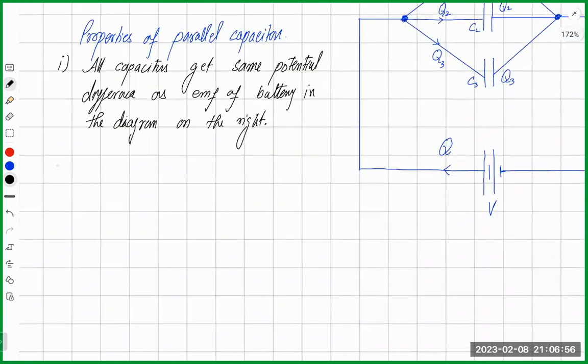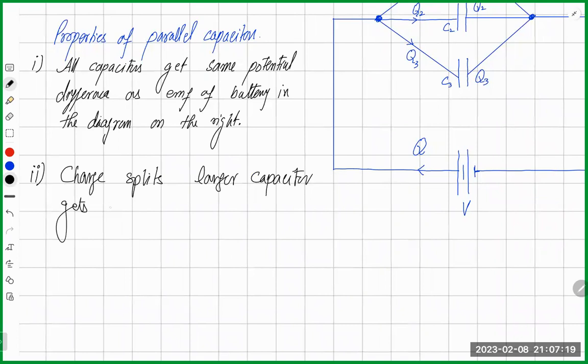Now, charge splits. A larger capacitor gets more charge. So the one that has more capacitance will have more charge.